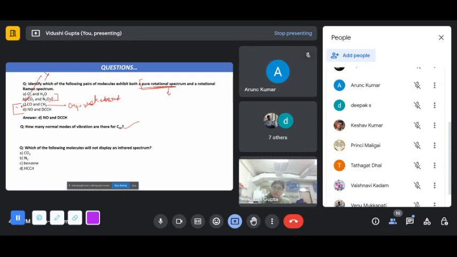It will be 3n minus 5 or 3n minus 6. Is C60 a linear molecule? It is non-linear, so it will be 3n minus 6. Here n is 60, so the answer is 174. Correct.